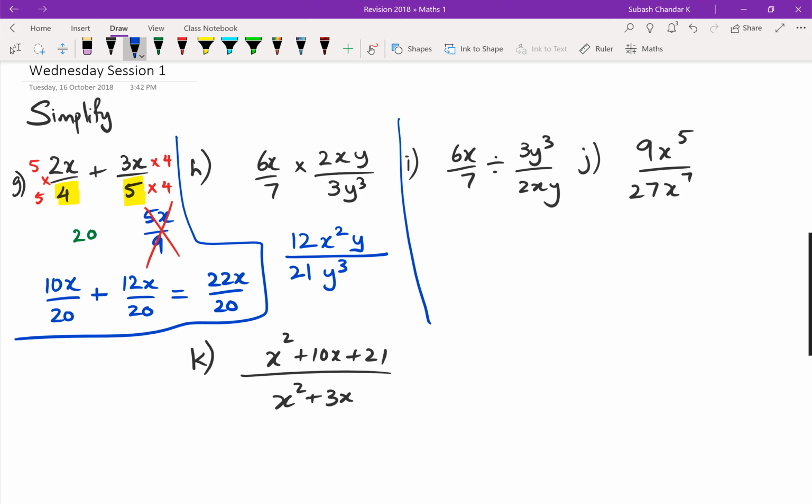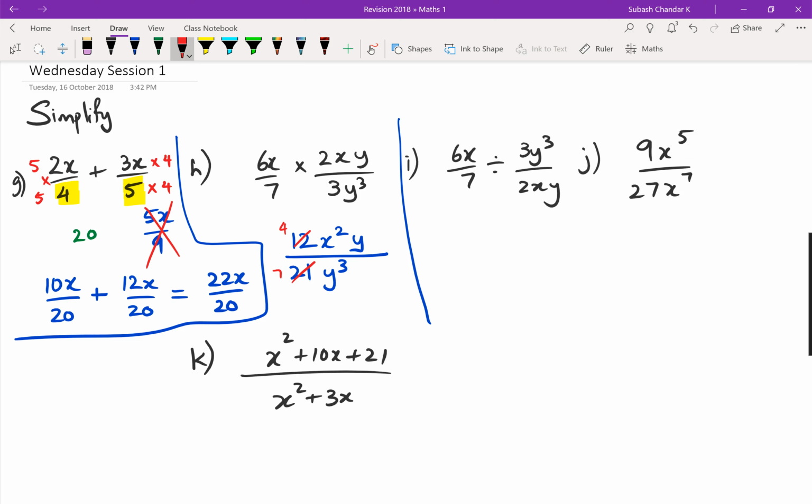Now this is not simplified fully. This one is just multiplied, and you need to simplify it further. First, let's do the numbers. You've got 12 and 21. They both have a common factor of 3, so I can replace this with 4 and 7.